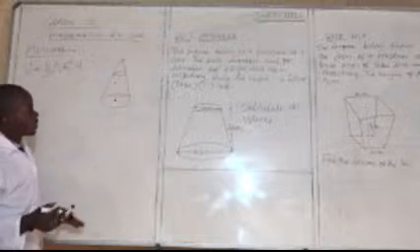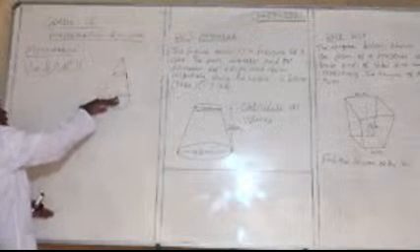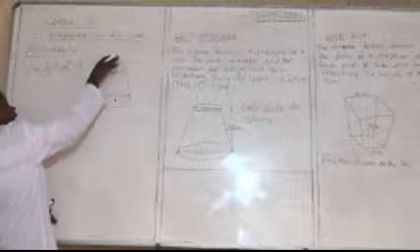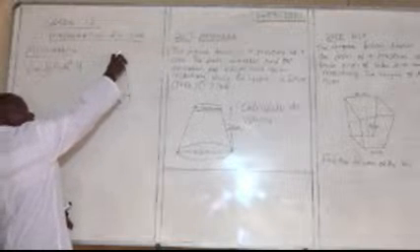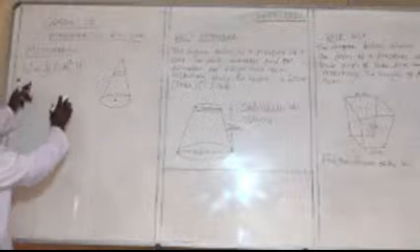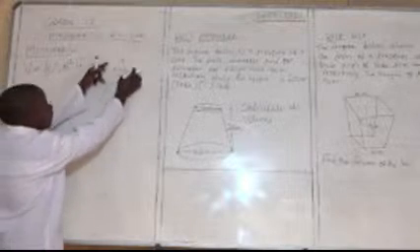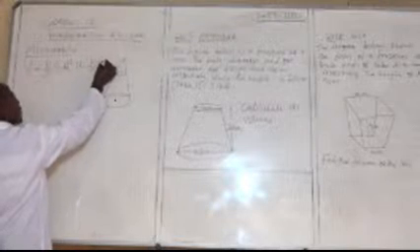So for us to know the volume of this frustum, we have to find the volume of the whole cone minus the volume of the smaller cone. So how am I going to do it? This is the volume of the whole of this cone here minus 1/3 pi r squared h.